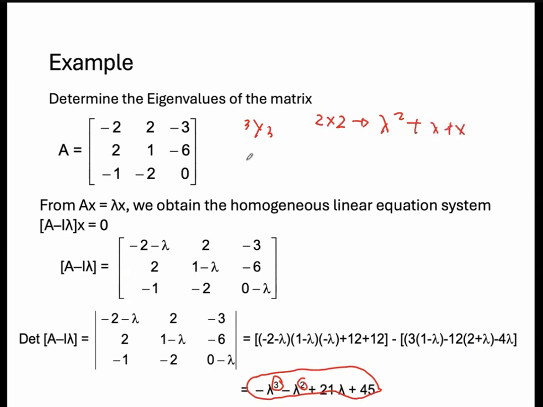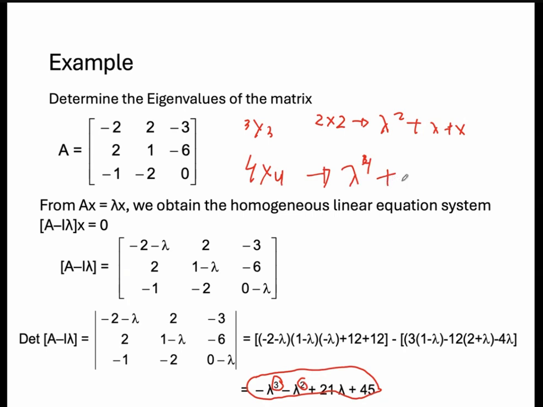And if we find the eigenvalue based on a matrix that has 4 rows and 4 columns, we may need to resolve a more complex polynomial equation.